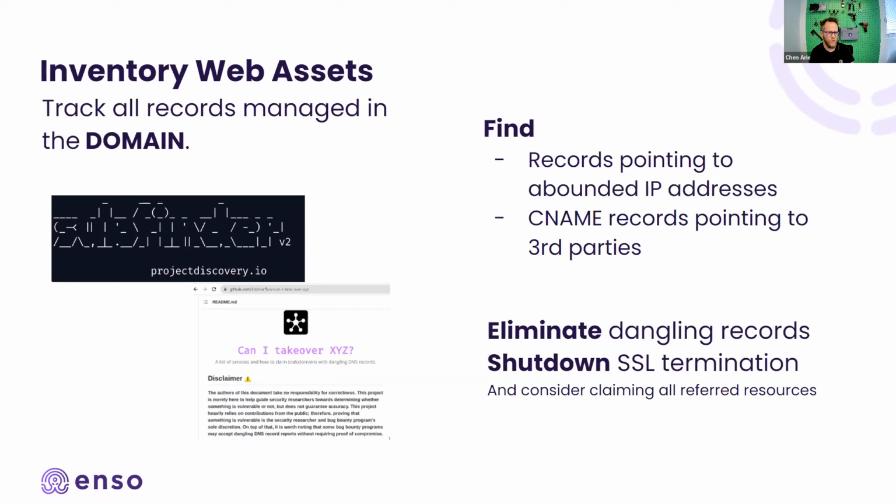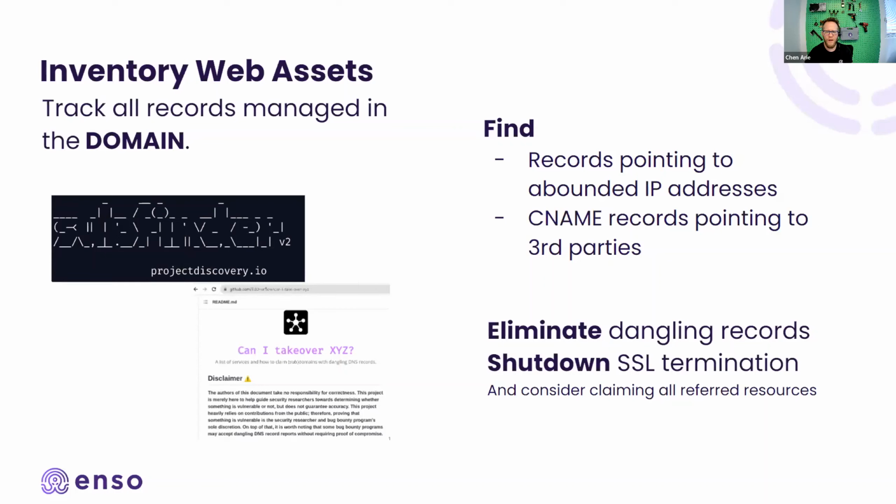There are some nice tools to find records, but the way that we do it at Enzo is that we integrate with your own management systems, for example Route 53, and we pull this information and manage this inventory for you. And then we can follow up with some tests, for example a test done by open source tools. Subfinder and Project Discovery in general is very useful for doing this with open data. Subfinder will help you to find your existing domain records.